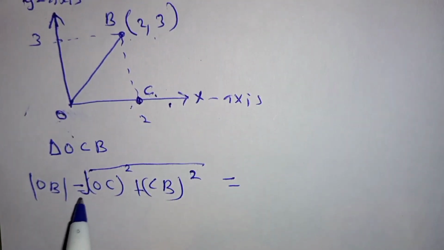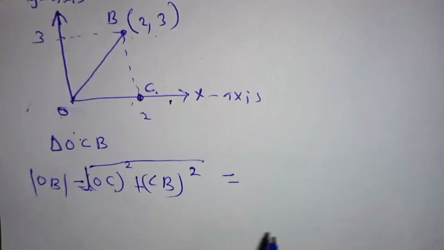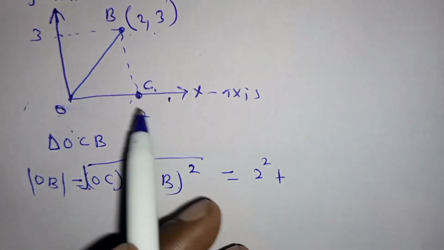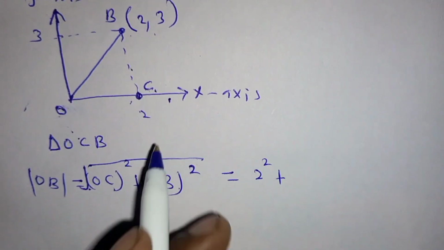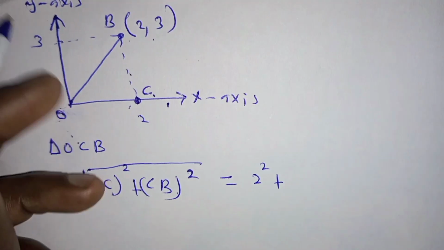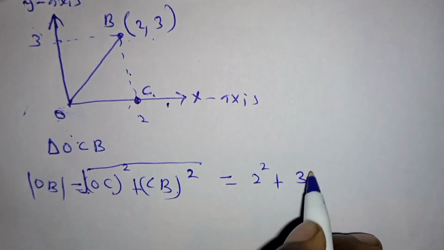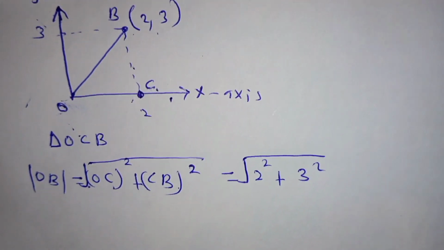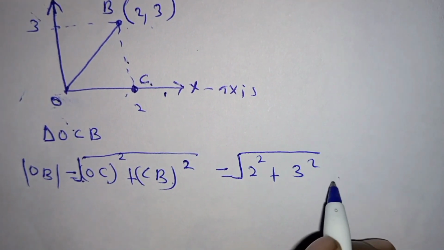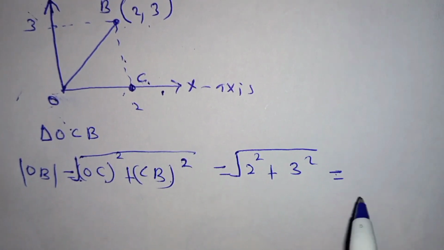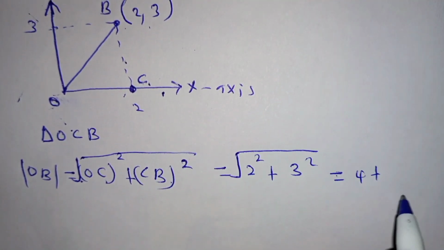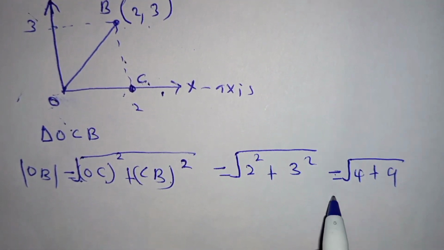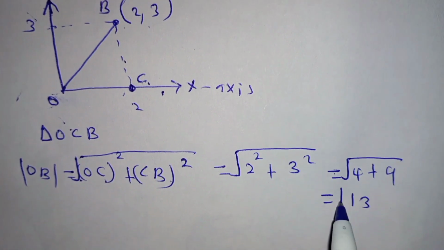This is equal to our OC is 2, so you square 2, plus our CB is 3, along this part here, you have 3 squared. Then you get the square root, which is equal to 2 squared will give you 4 plus 3 squared will give you 9, square root, which is equal to square root of 13.